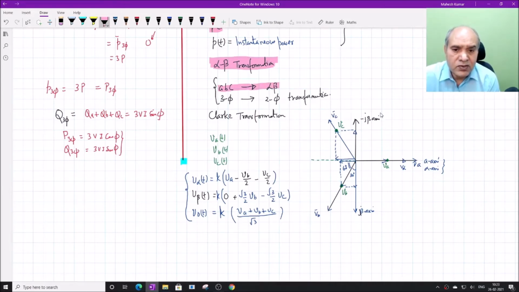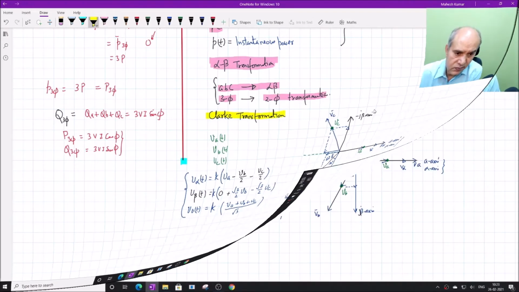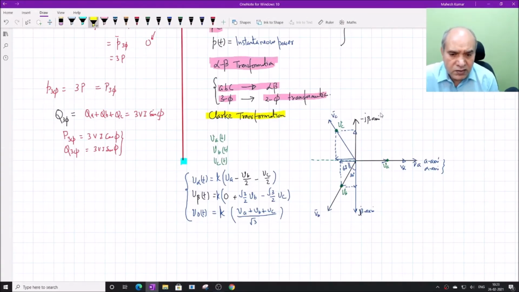This is sometimes also called the three-phase to two-phase transformation, or the Clark transformation, because it was first developed by Clark. We can do it in a most simplistic way, just looking at the axis orientation and resolving the components of ABC along alpha beta.